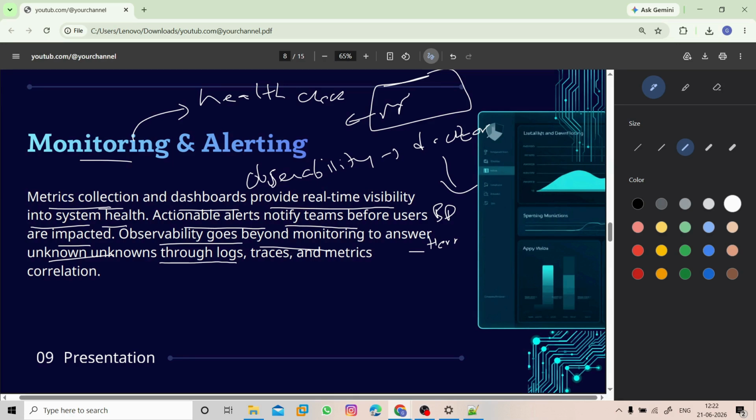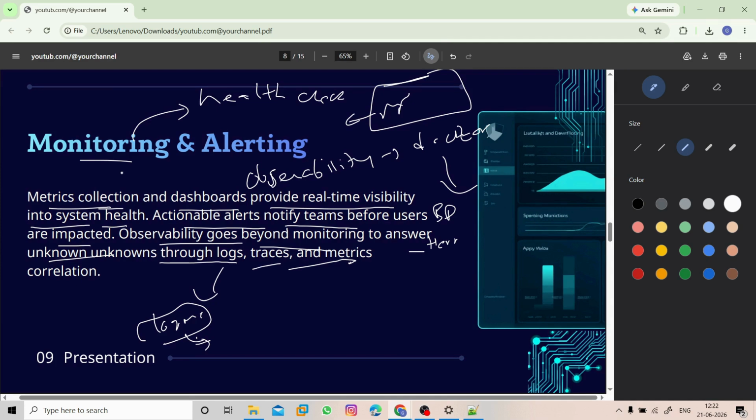That's why modern SRE teams rely on metrics, logs and traces together. Logs means there are log messages, so in this scenario we can find that this is happening in this system, something is wrong.